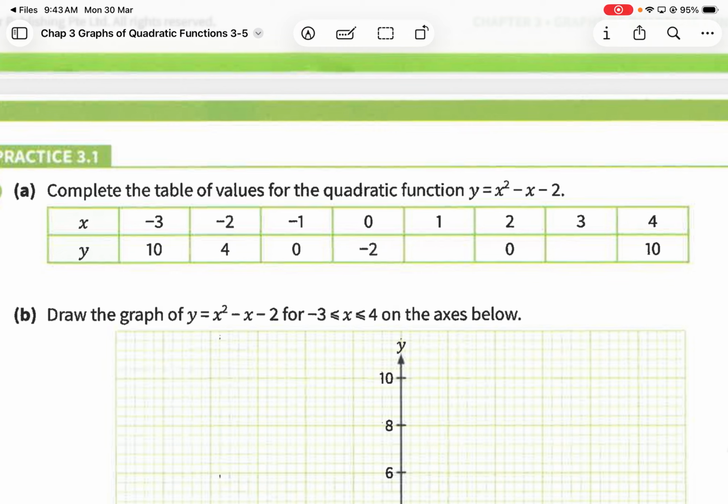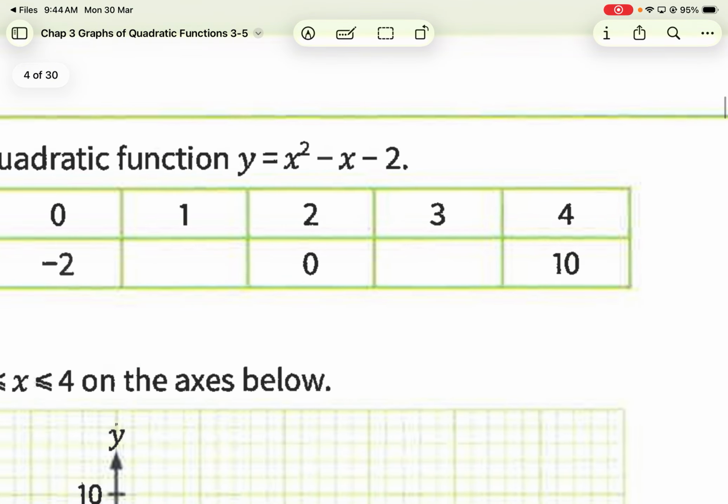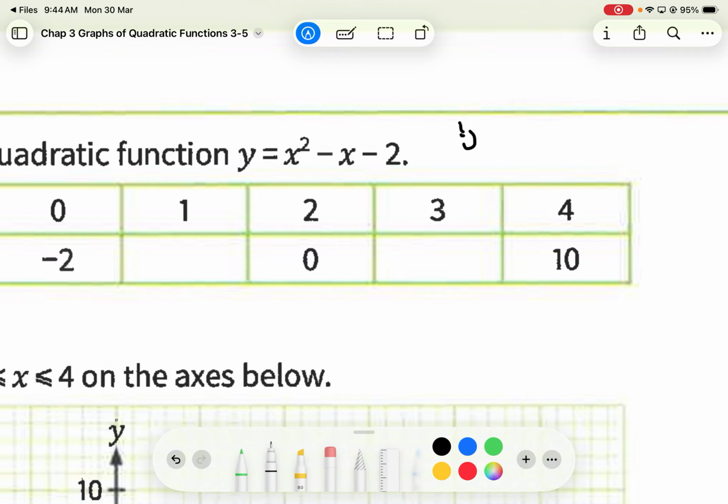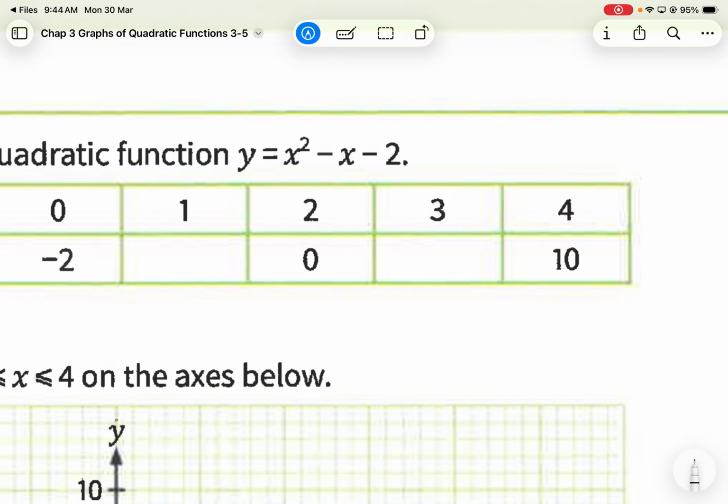I want to find out this blank over here. I must substitute x equals 1 back into the equation. So I go to this exact equation, then I do substitution. Substitute x equals 1 into this equation.